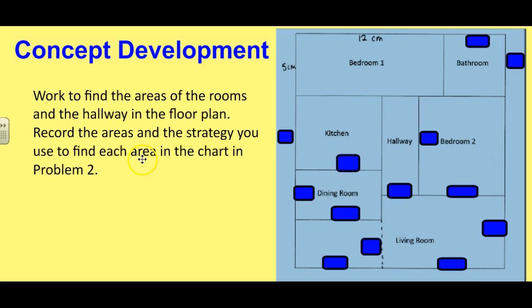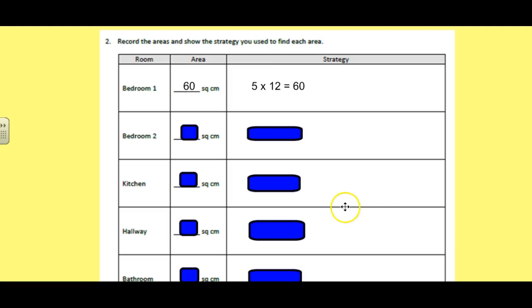And you're going to record the areas and the strategy you use to find each area in the chart on problem 2. So let me show you that. This is what your chart looks like on your problem set. You can see right here that for bedroom 1, we found that the area was 60 square centimeters, and the strategy that we used was 5 times 12 equals 60. So the strategy is just for you to write the equation that you use to help you find the area.